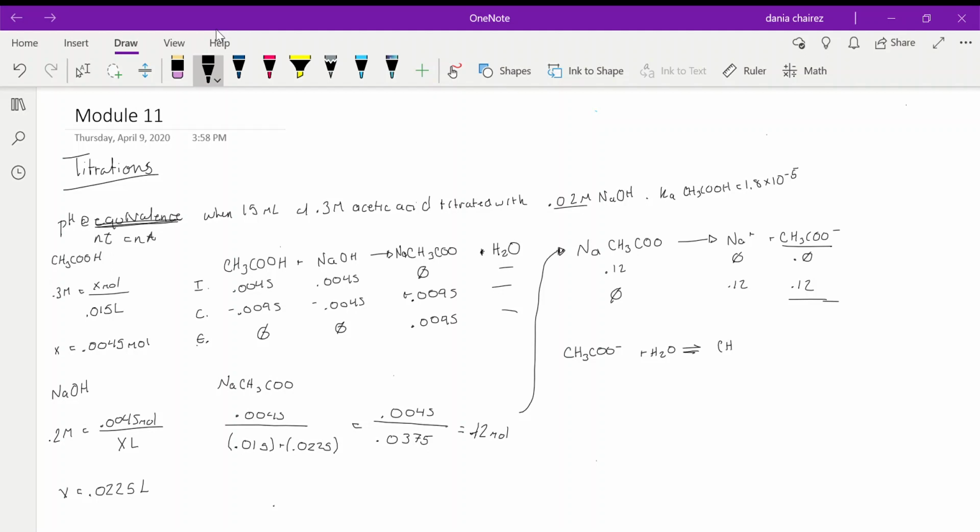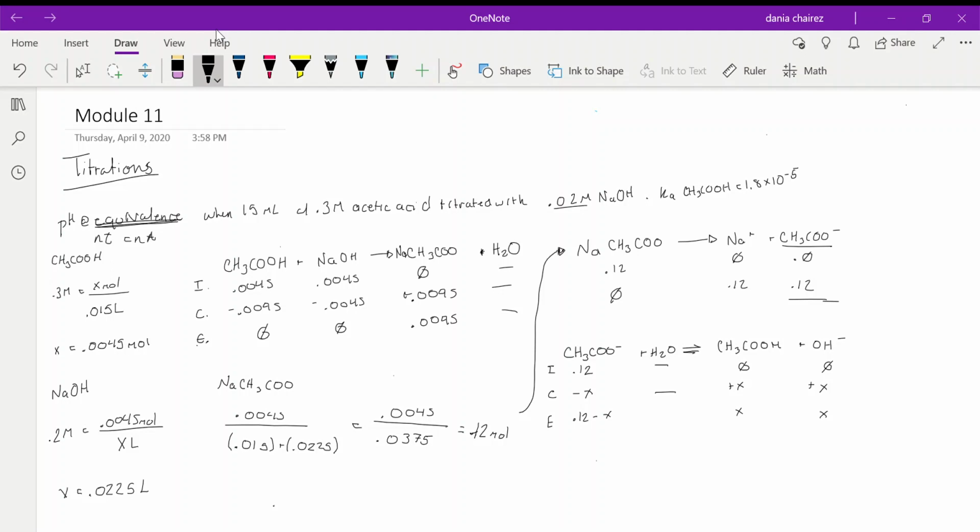So we're going to end up with our acetic acid plus OH minus. And then we're just going to solve how we always did for our OH minus concentration. So this is 0.12, condensed state doesn't matter, 0 and 0. Our change is minus x, plus x, plus x. At equilibrium, we have 0.12 minus x, x, and x.